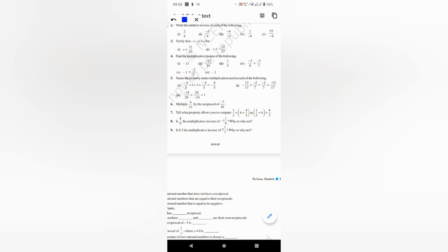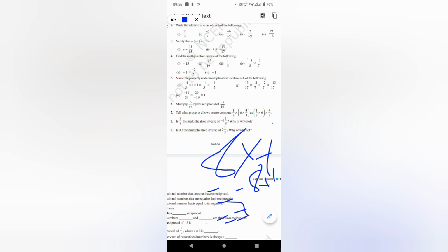Then question number 8, is it true? Is 8 by 9 the multiplicative inverse of minus 1 by 8? No. When we do 8 into minus 1, it becomes minus 8, and then plus 1, it becomes 7 by 8.